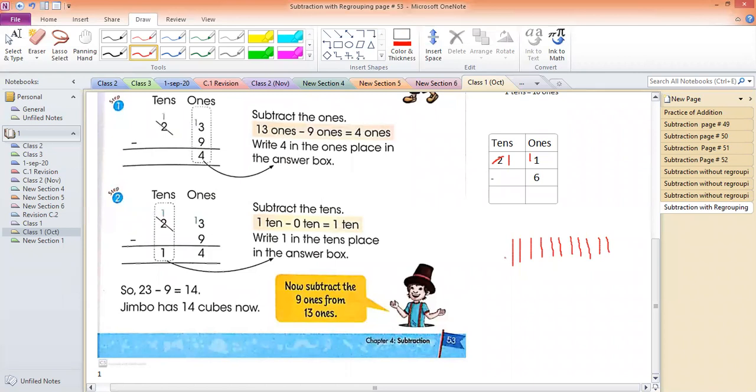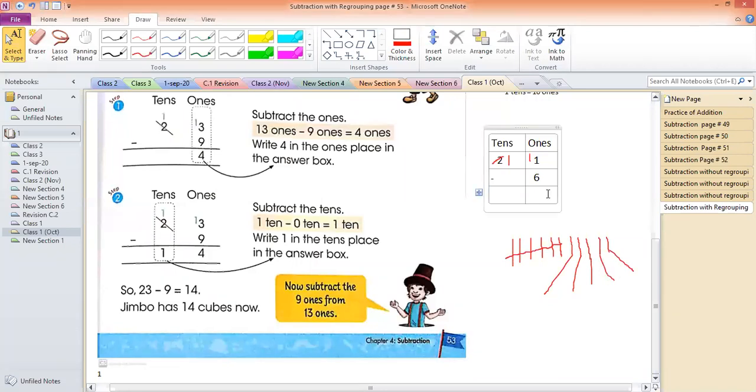Cut 6 lines. 1, 2, 3, 4, 5, and 6. How many lines are left? 1, 2, 3, 4, and 5. So 11 minus 6 equals 5.